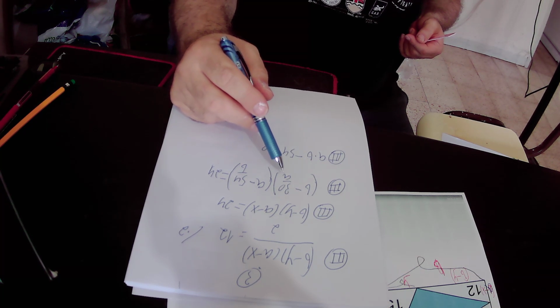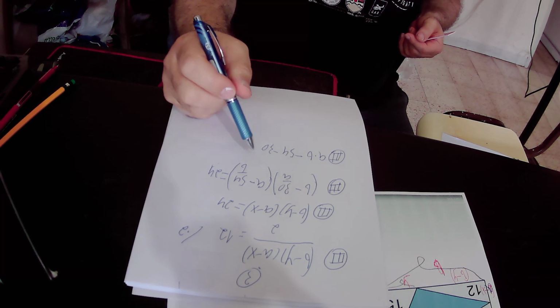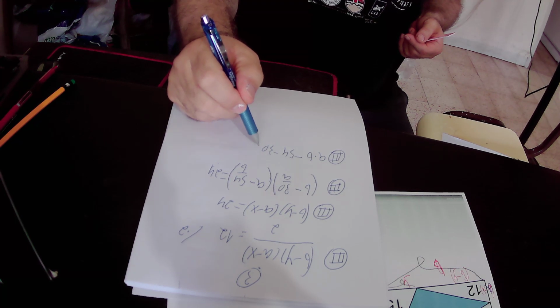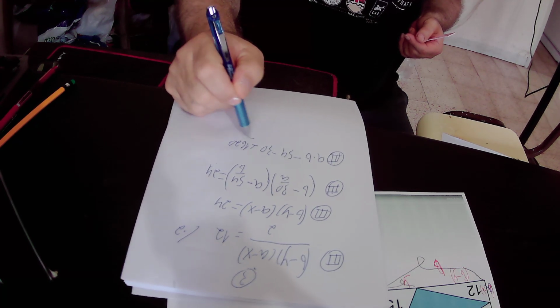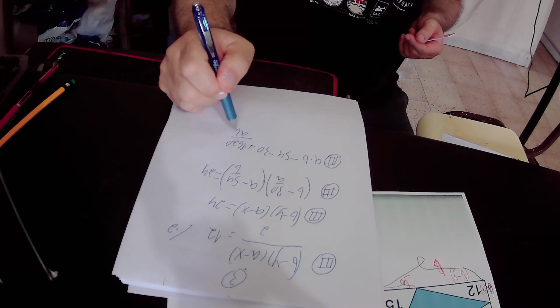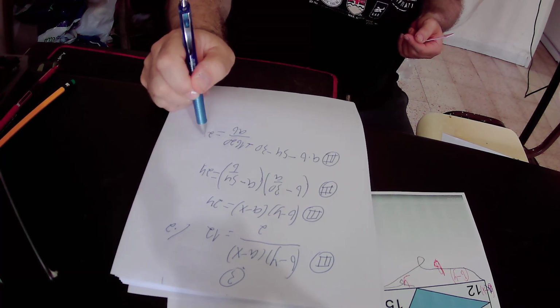Negative 30 over a times negative 54 over b equals positive 1620 over AB, all equals 24.